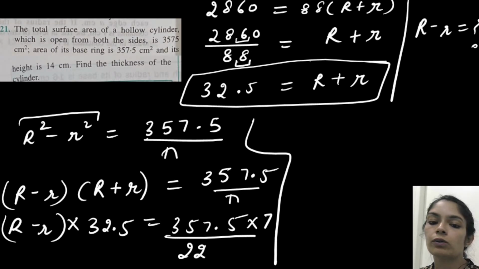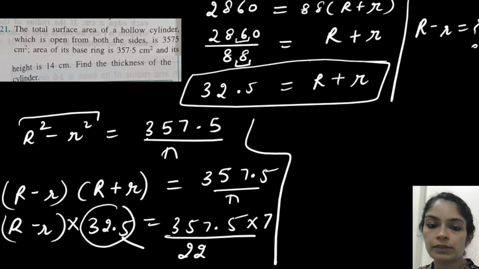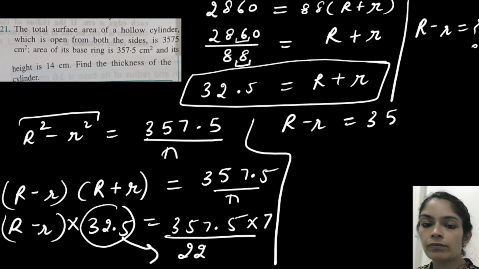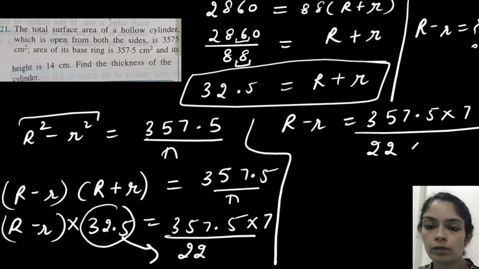7 will go on top because it is 22 by 7, so its denominator will become the numerator now. Now this 32.5 also will shift to this side. So R minus r is equal to 357.5 into 7 by 22 into 32.5.